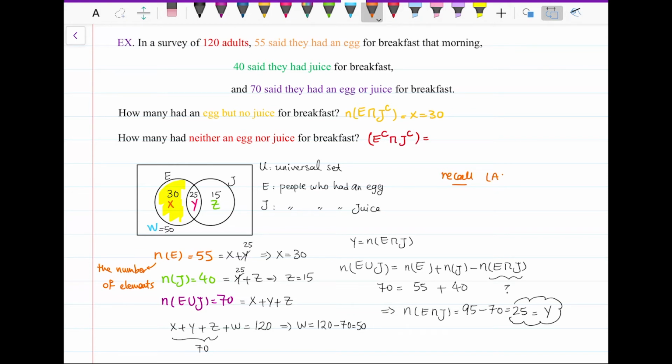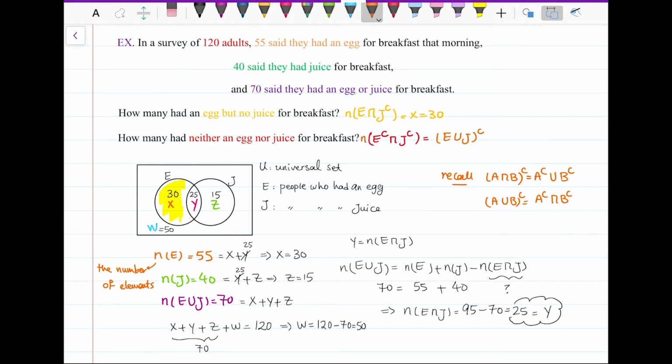A intersection B complement is A complement union B complement, and also backward, A complement intersection B complement is A union B complement. So it would be E union J complement. This is based on De Morgan's law.